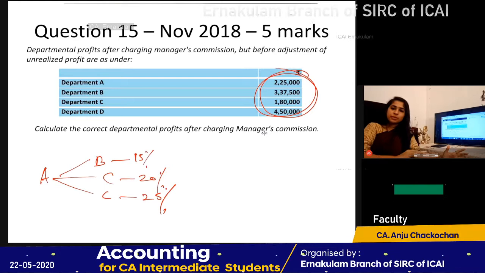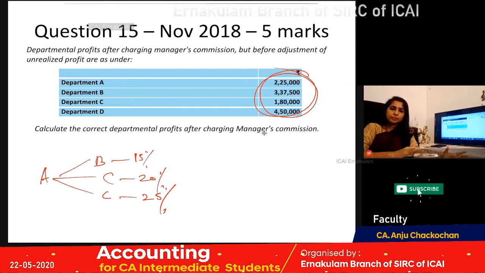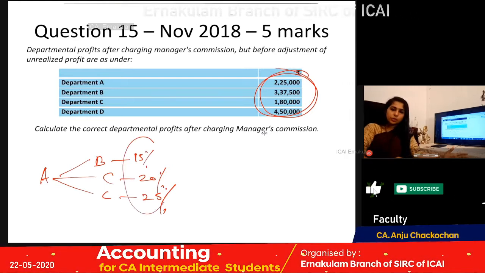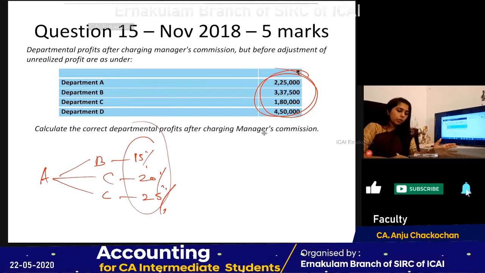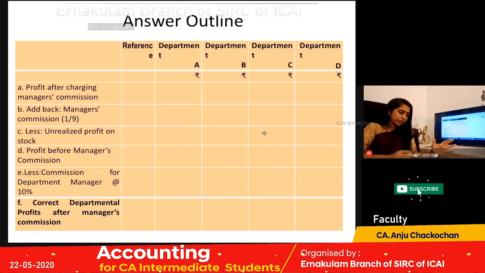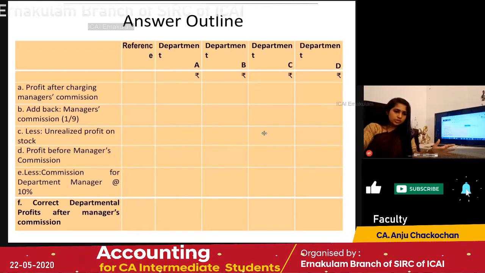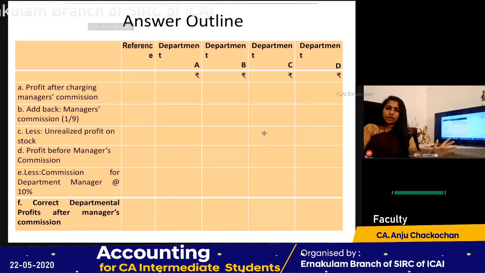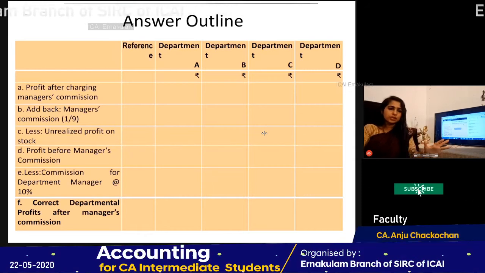We have the departments and departmental profits and the percentages given. So what we have to do is just compute the answer, the corrected profit. So do one thing, students: just take down the answer outline. As it is, we have discussed a similar pattern.